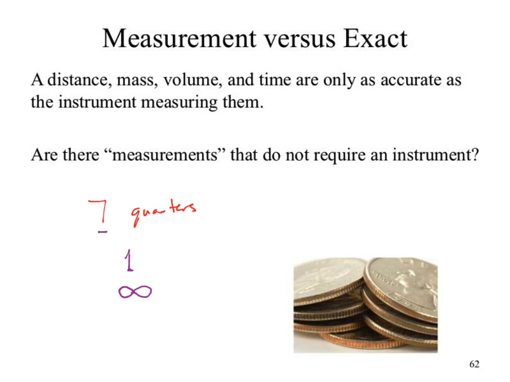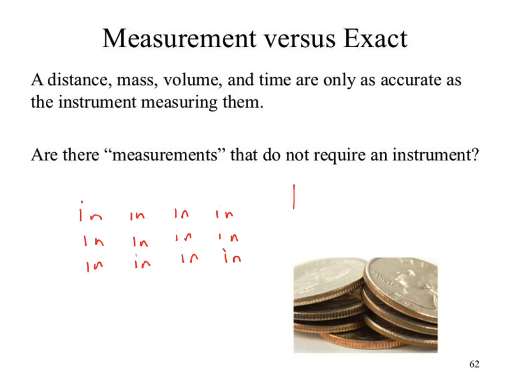Other examples where this shows up. Okay, here we go. How many inches is this? 12 inches is a foot. 1 foot. How many sig figs in the measurement or the calculation 12 inches is equal to 1 foot?